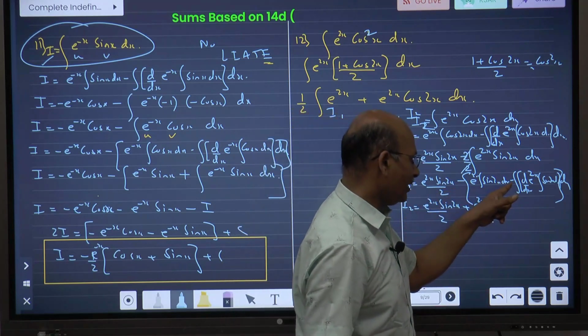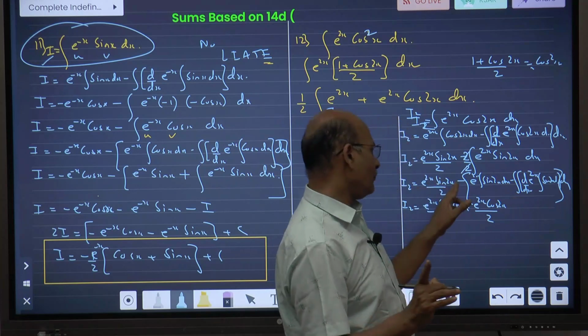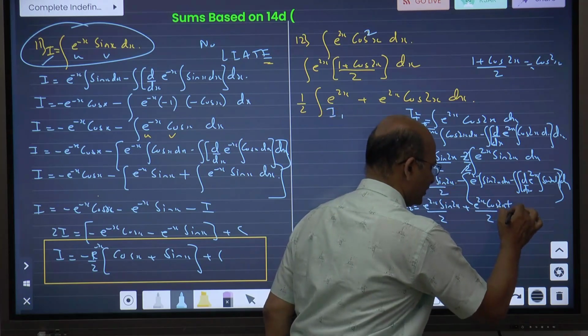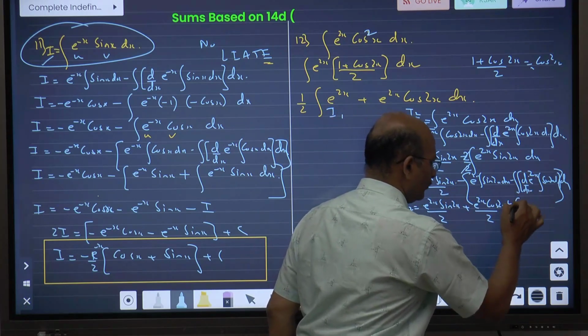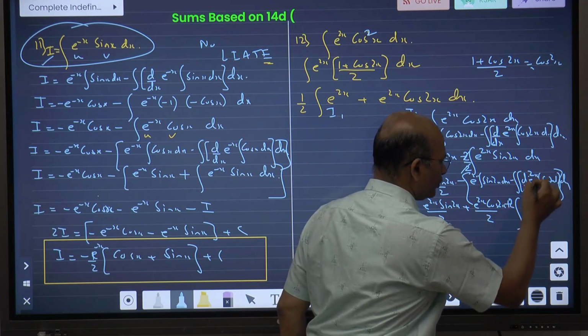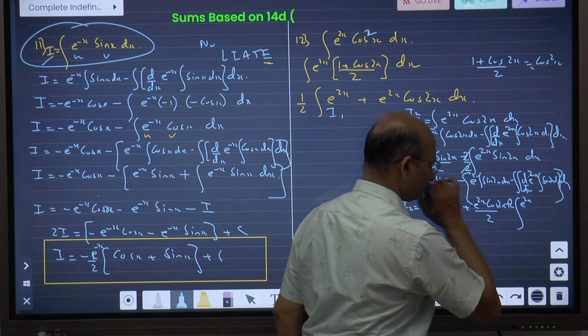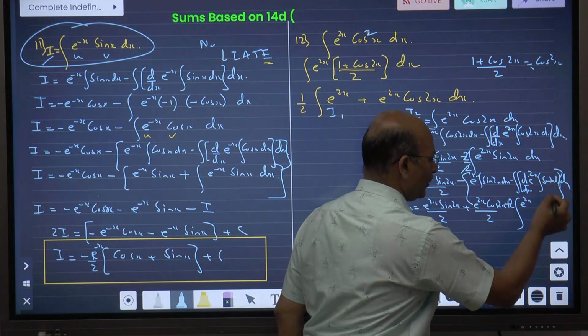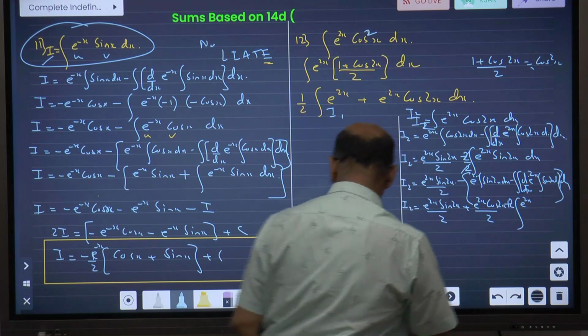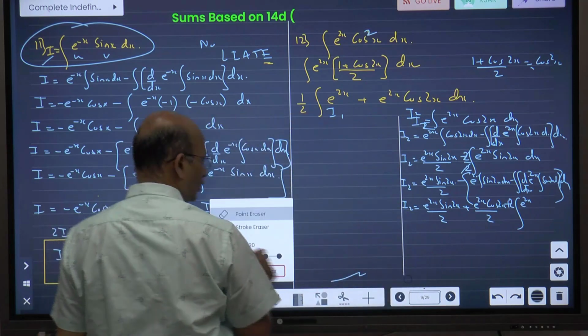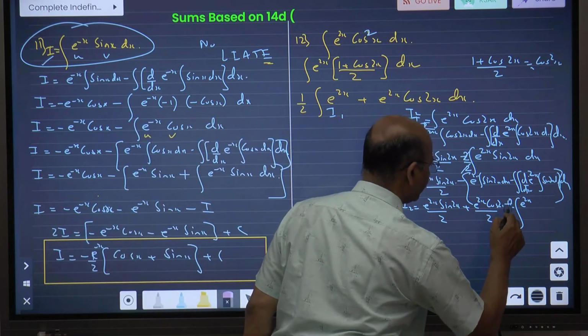Now the minus here, minus of minus, I will just make it plus and put the integration sign. The derivative of e raised to 2x is e raised to 2x into 2, that's why this 2 came here. And the integral of sine 2x is minus cos, so this plus eventually gets back to minus here.